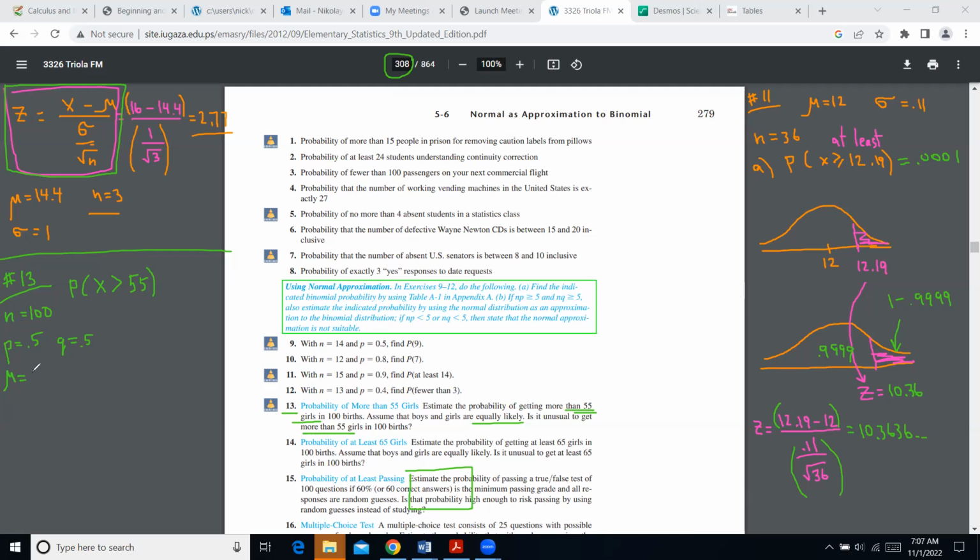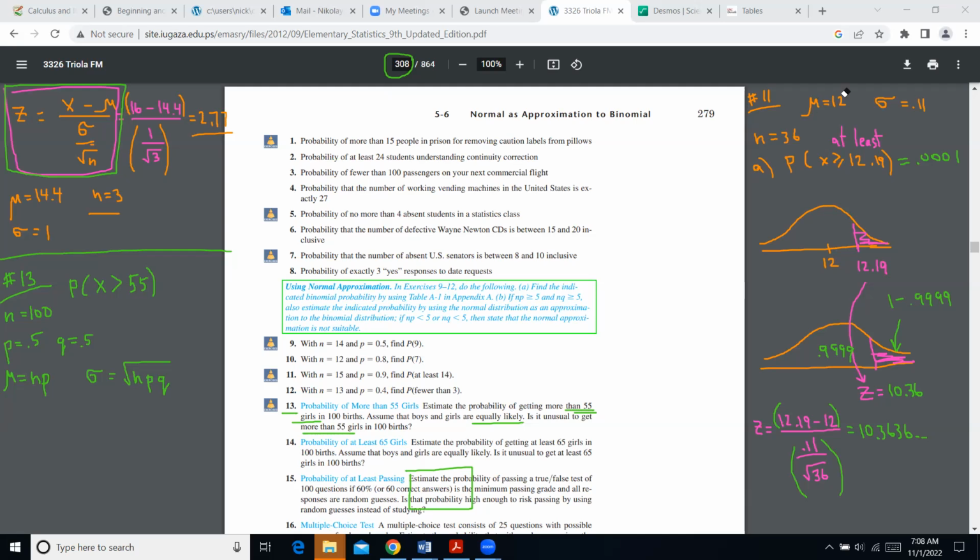Well, it turns out that I don't have a mean and I don't have a standard deviation here. And I need to recall that we used these two formulas to calculate mean and standard deviation when we worked with the binomial distribution in chapter 5.